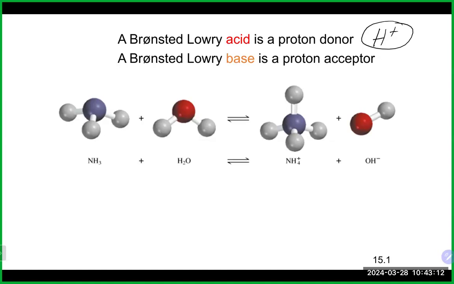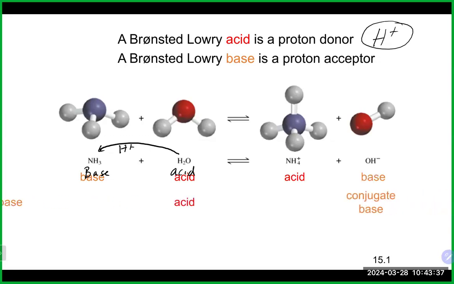So in this particular case, as I mentioned before, the water is going to send the H plus over. And that is going to make our NH3 the base in this case. The water here will act as the acid. And a consequence of the Bronsted-Lowry definition of an acid and base is that it will make partners on the other side, which are known as the conjugate acid and the conjugate base.